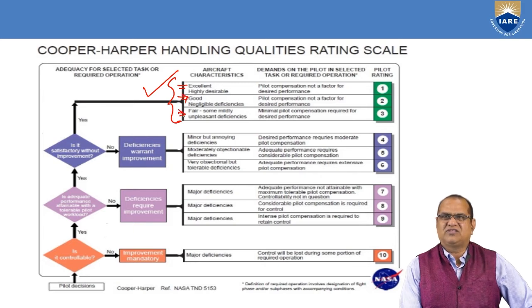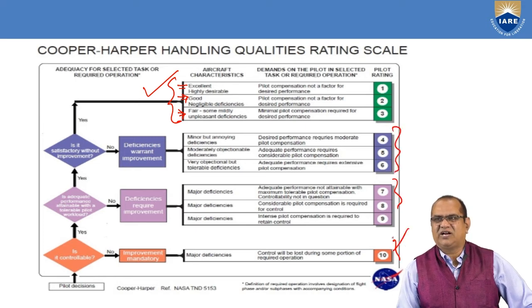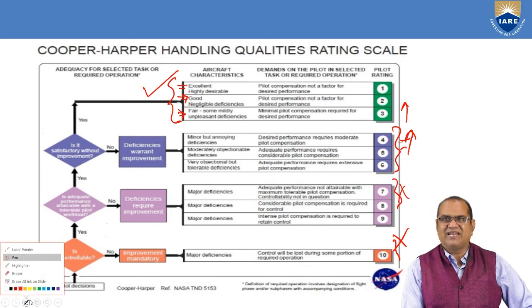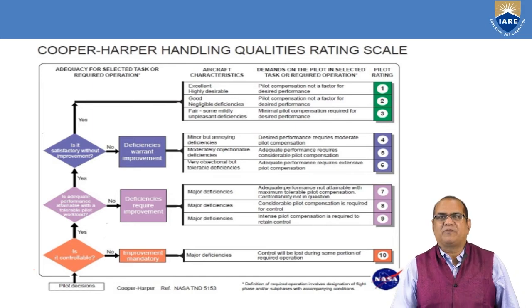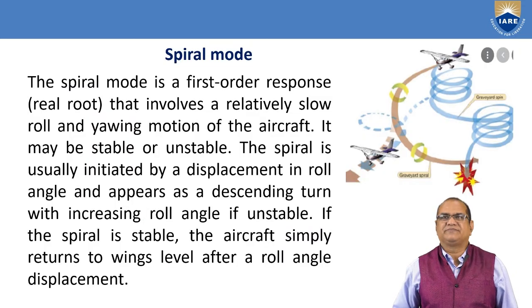If 2 or 3 are not, then it is fair. But after that, this and this are not at all acceptable. However, this can be improved and it can be reached in this Cooper-Harper handling qualities. So like this, we can understand and decide the handling qualities.